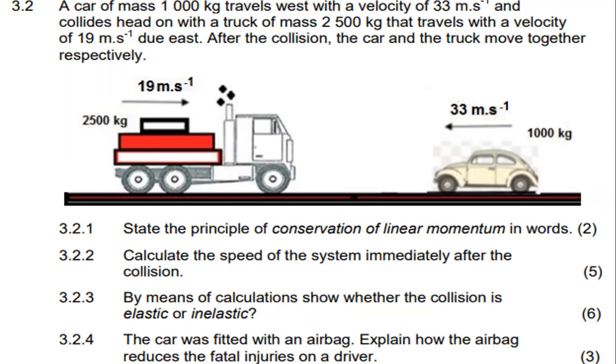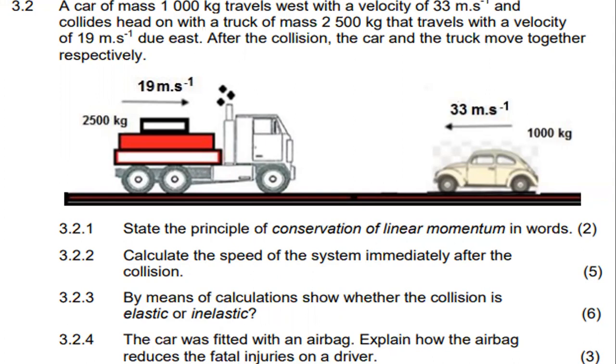Now, you will remember very well that if the collision is elastic, the total linear momentum is conserved, as well as the total kinetic energy. What does that mean about an elastic collision? It means the total linear momentum before the collision is equal to the total linear momentum after the collision.